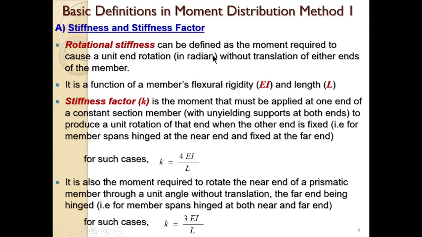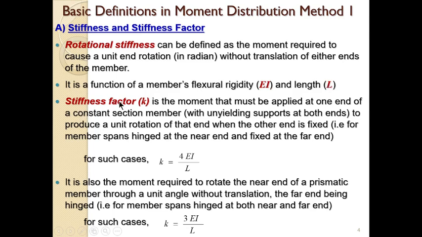Rotational stiffness can be defined as the moment required to cause a unit end rotation without translation of either end of the member. It is a function of the member's flexural rigidity, that is EI and L, where E is the elastic modulus, I is the moment of inertia, and L is the length of the section.